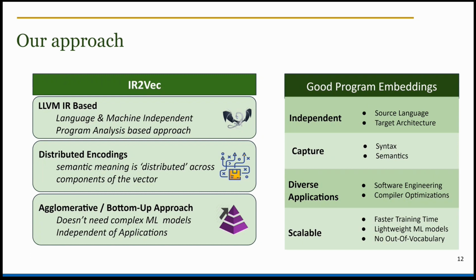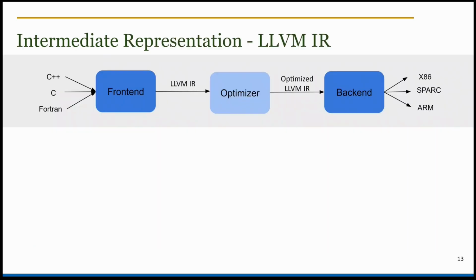That means we build our approach at an entity level, and then aggregate these representations to arrive at the representations of programs or functions, and so on. We'll see these things in detail as we go along.